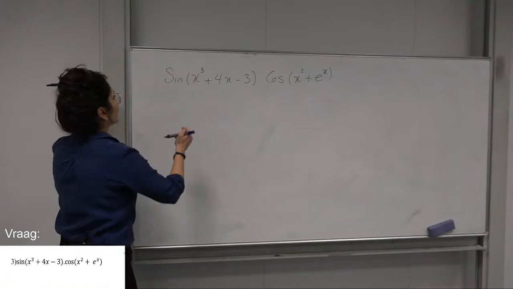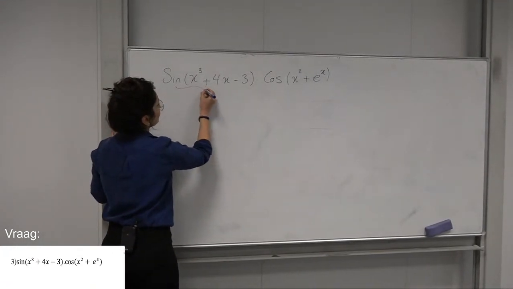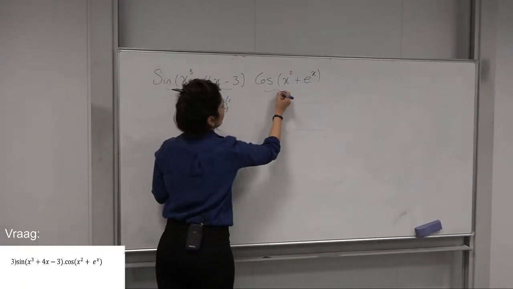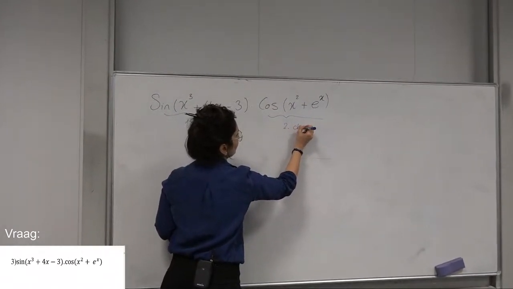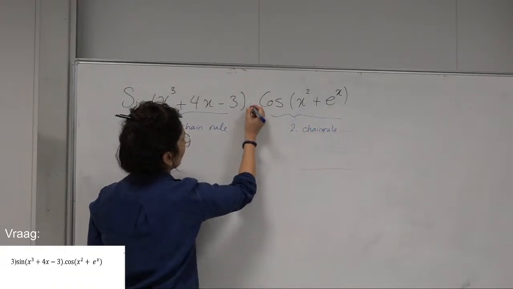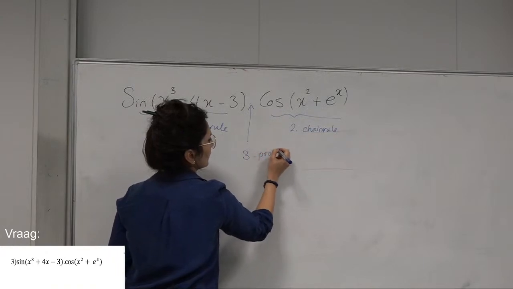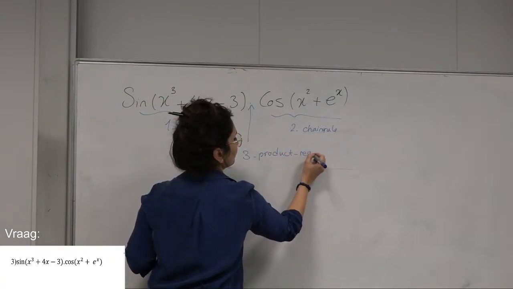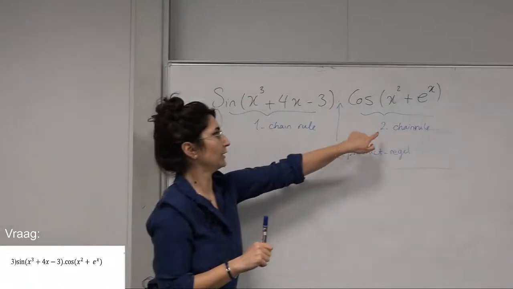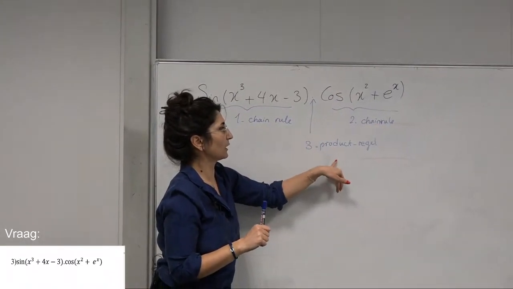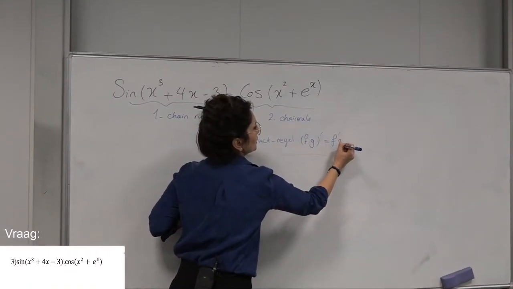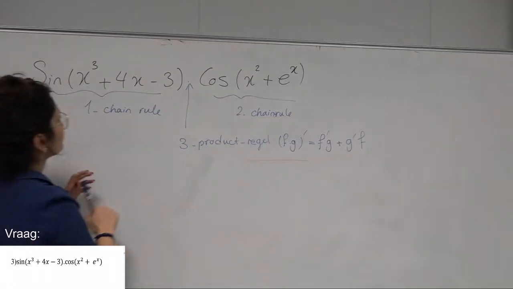Okay, so here, first I have to do the first chain rule, then the second chain rule, and then I have the third, which is the product rule. So here I have 3 different steps to follow. First, the chain rule for this one, chain rule for this one, and third, the product rule, which is (f times g)' is equal to f' g plus g' f.